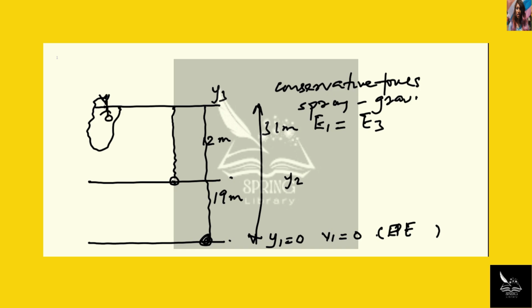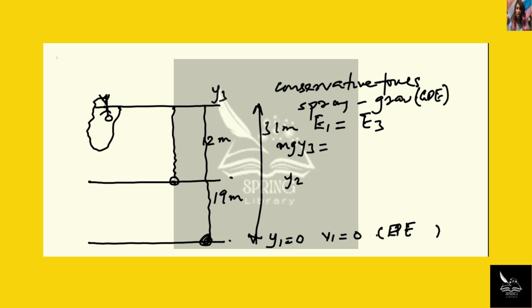At the top level, again, there is only GPE and there is no elastic potential energy because the rope is not stretched, and there is no kinetic energy because she's starting from rest. So if we equate the energies, the total energy at the top is just mg y3.